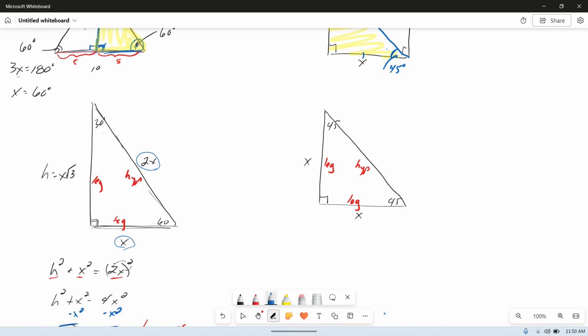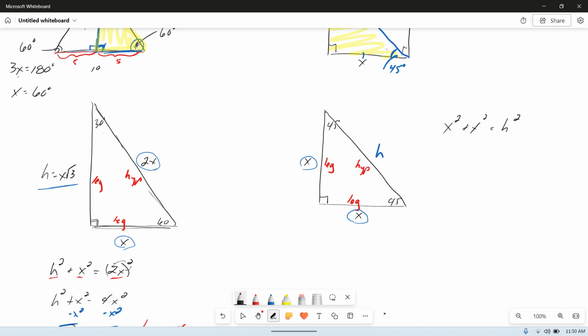We used our Pythagorean theorem to find the third side. Same thing here. Because we know the 45, 45, 90 came from the square, we know that the two legs are both x. To find our hypotenuse, which I'm going to call h, we're going to use the Pythagorean theorem again: leg squared plus leg squared equals hypotenuse squared.